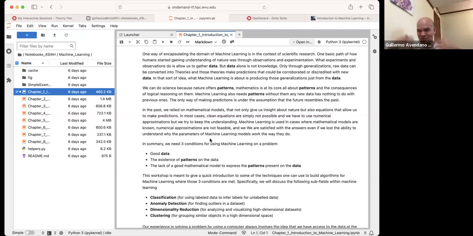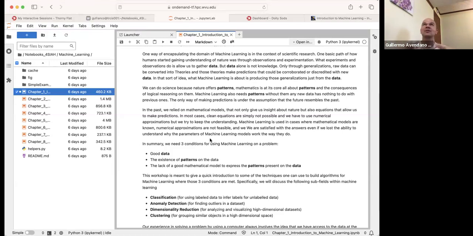On the other side, if something happens regularly, like a climate model, let's say, if some conditions are regular and some patterns are present, you can train a model to predict the outcome or classify a certain set of conditions into a model. So that is another precondition for machine learning, the existence of patterns.